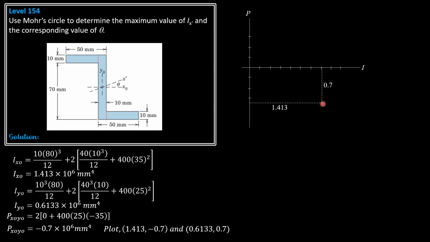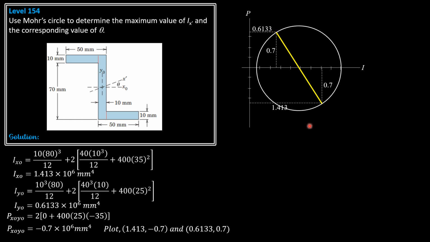So this is the XO axis in this direction. And the other point is 0.6133, comma, 0.7 there. So connect the 2 points with a straight line, which is the diameter of the Mohr circle. This is the XO axis, that's the YO axis.